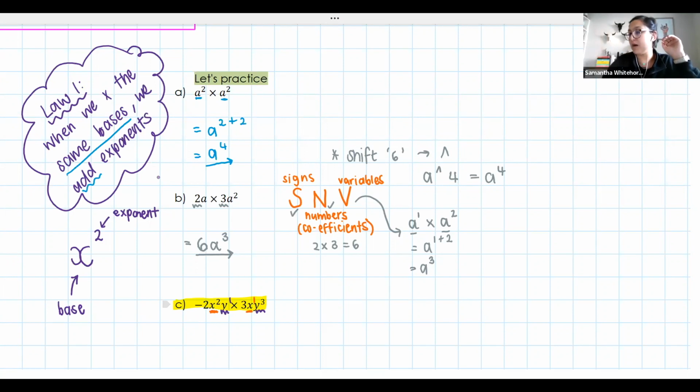So just bear that in mind. Remember, guys, signs, numbers, variables. Remember that. Hopefully, we can get our products and our quotients correct.